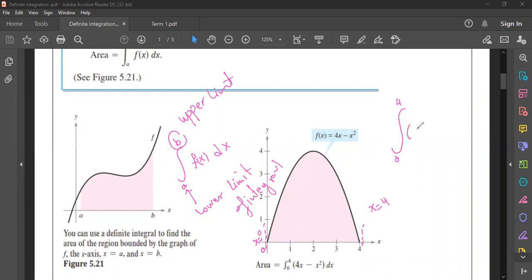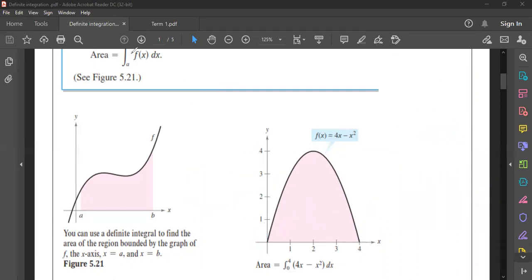What is the function that we have? x minus x squared with respect to x. Okay, I think it's so clear. The area of the shaded region is defined by the definite integral from 0 to 4 of this function with respect to x.